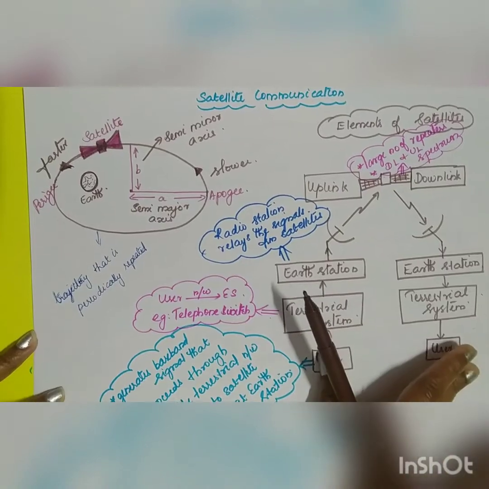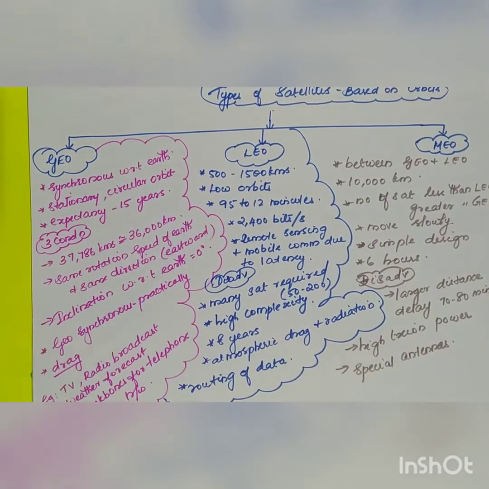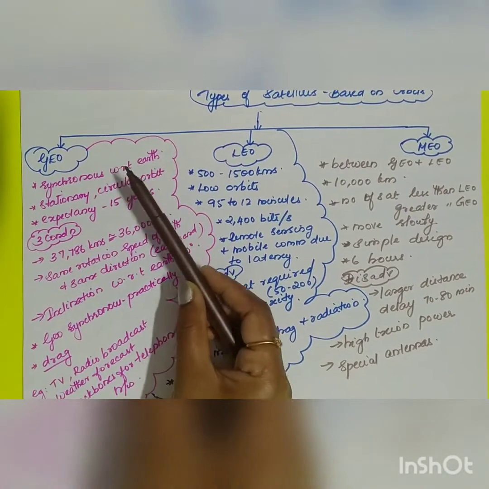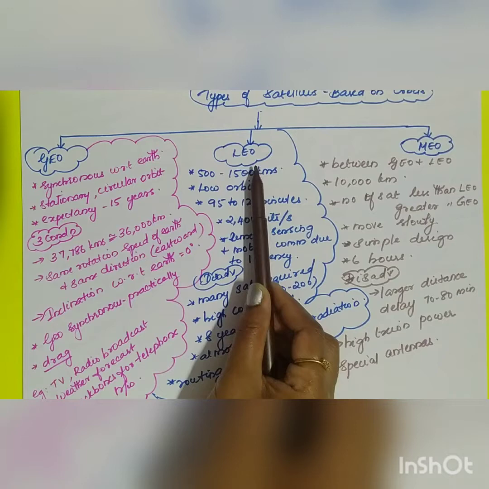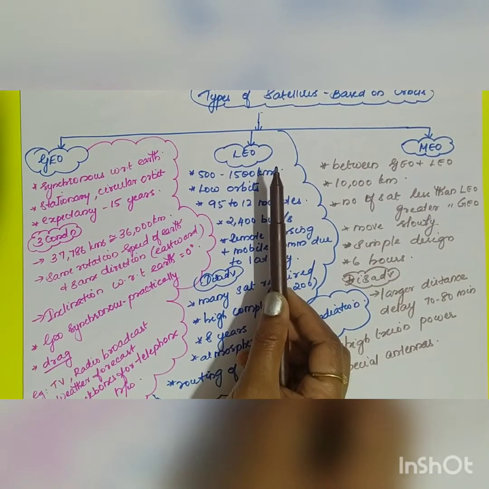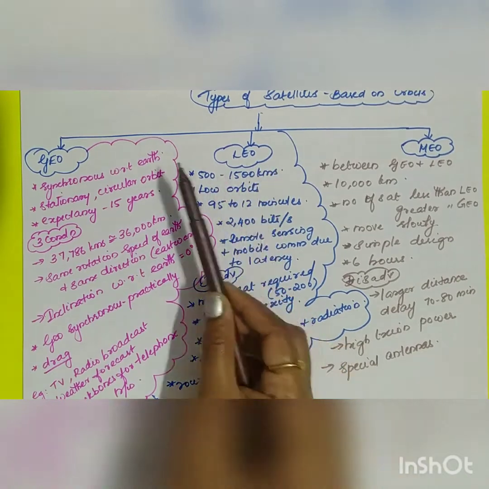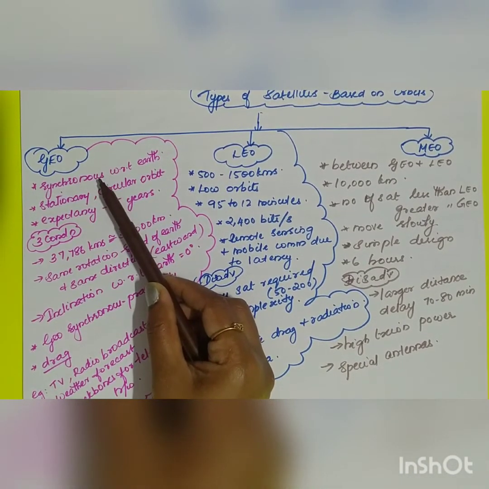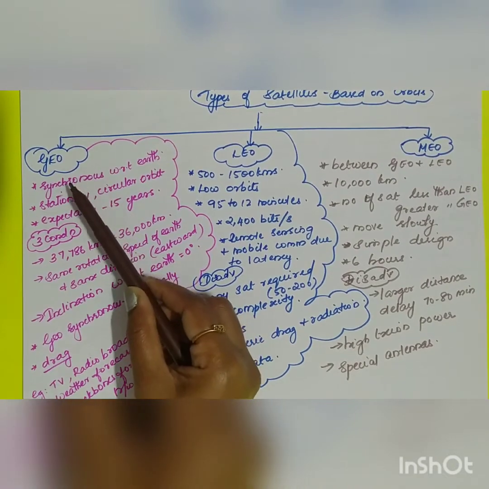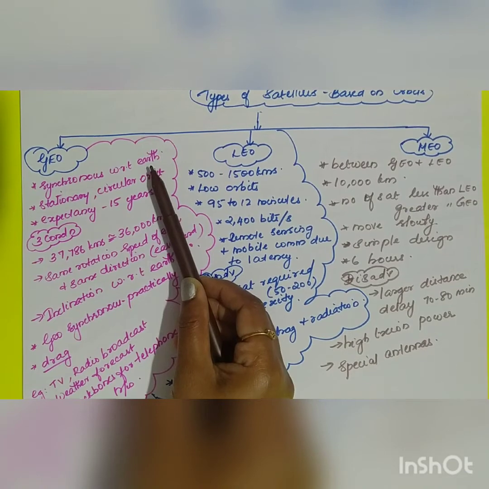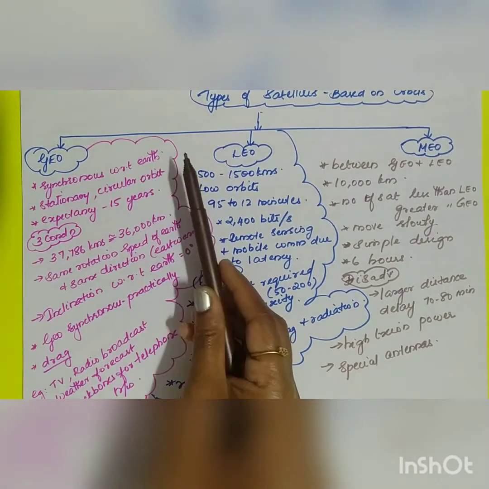The next topic is the types of satellites based on the orbits. Based on the orbits, the satellites can be classified into geostationary satellite, low Earth orbit, and medium Earth orbit satellite. What is your first type? The first type, geostationary, is also called geosynchronous orbit in practical cases. It is synchronous with respect to the Earth. The satellite rotates around the Earth, and the Earth also rotates.